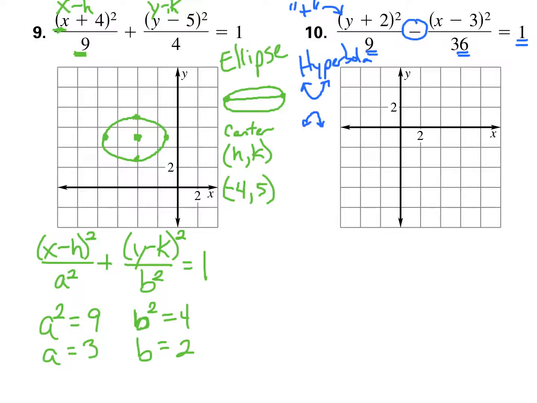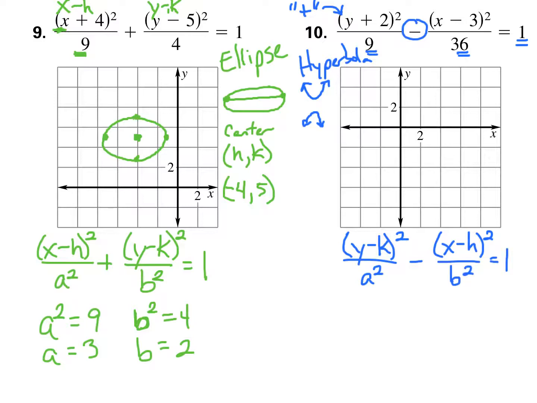So because the y term is positive, that means that the hyperbola branches are going to be opening in the y direction. If the x term were positive, then the branches of the hyperbola would be opening in the x direction. So our standard form for a hyperbola with the branches opening in the y direction would be y minus k squared over a squared minus x minus h squared over b squared equals 1.